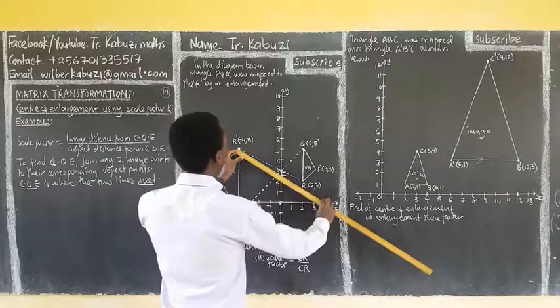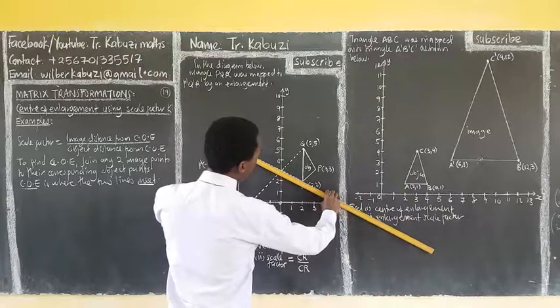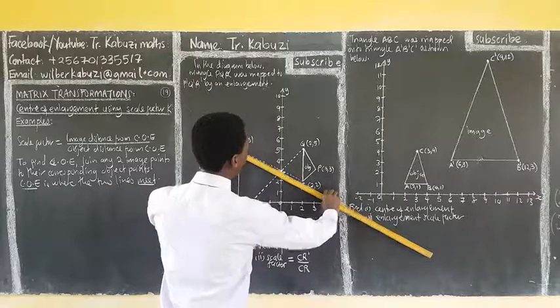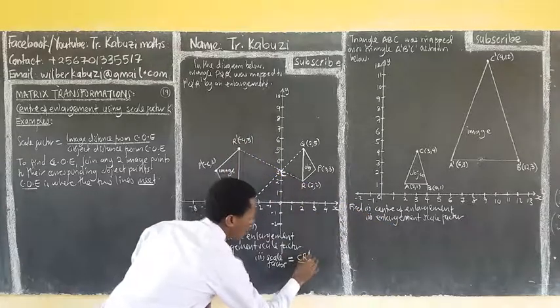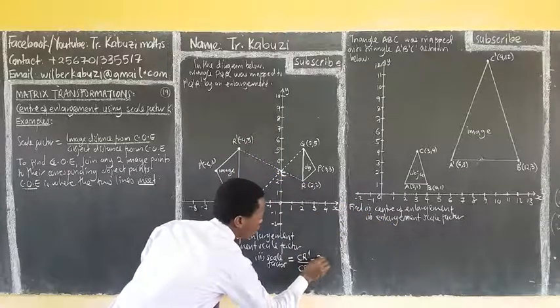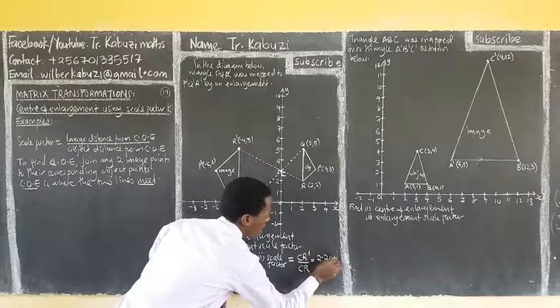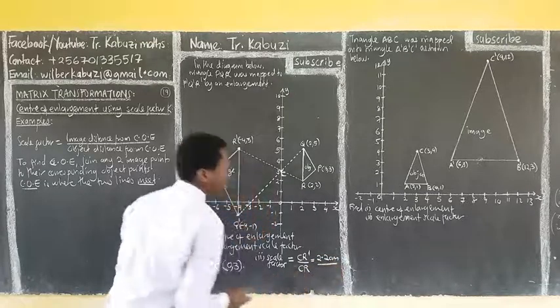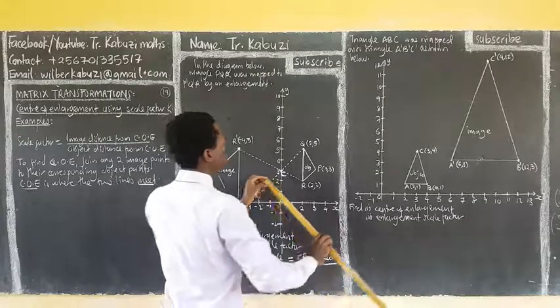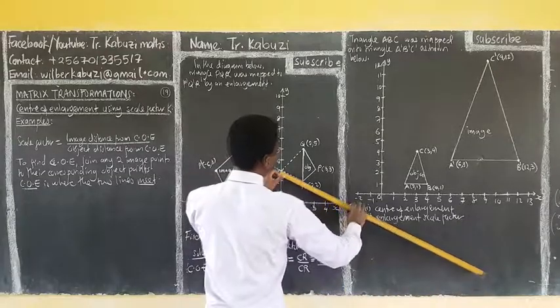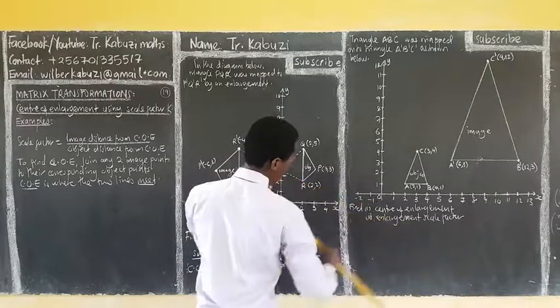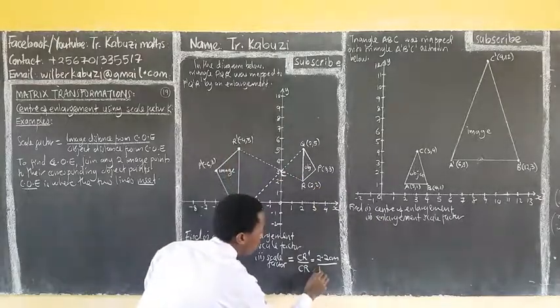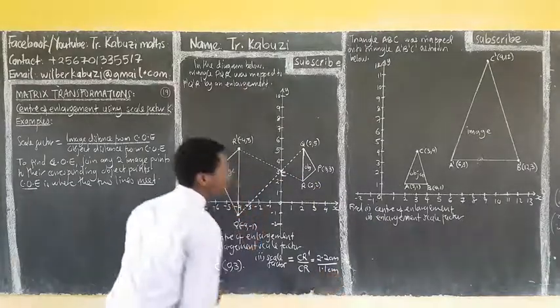When I measure here in my centimeters, I'm getting 2.2 centimeters over CR. CR, when I measure, I'm getting 1.1 centimeters.